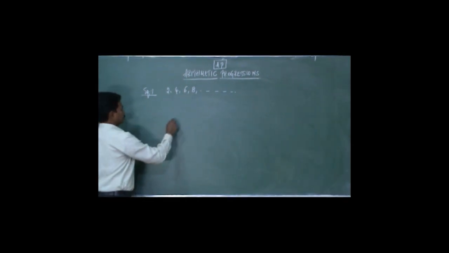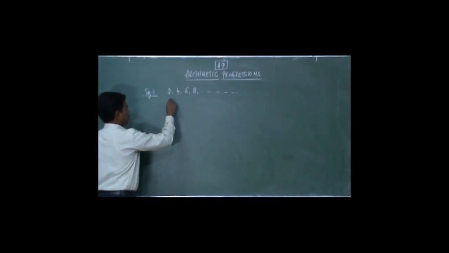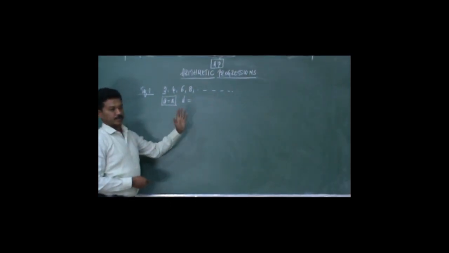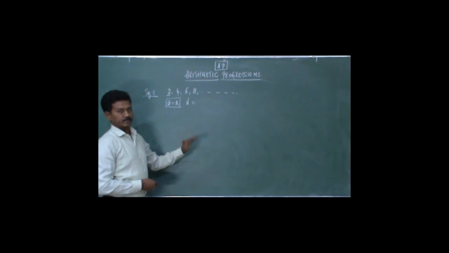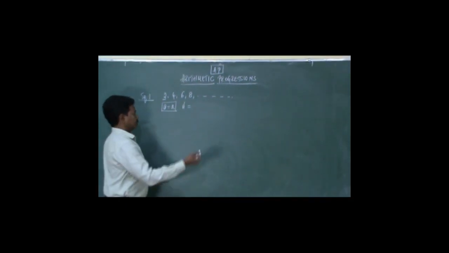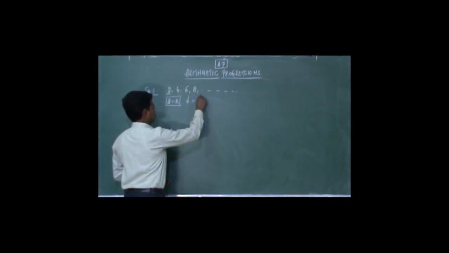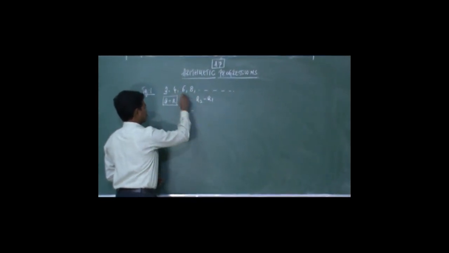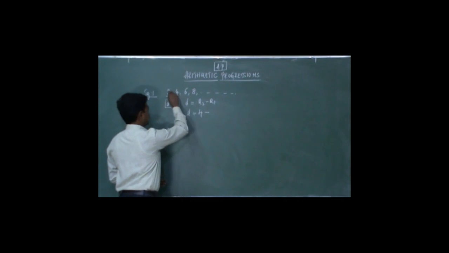In this arithmetic progression, the first term is 2, A is equal to 2, and D is equal to, usually we go with A2 minus A1, or any term minus the preceding term will give you the common difference. Let us go with the universal method, that is A2 minus A1. So D is equal to A2, which is 4, minus A1, which is 2.